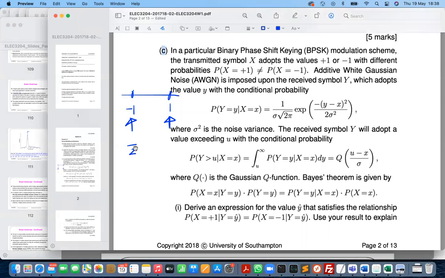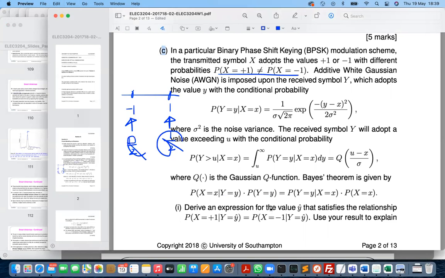They are half chance of transmitting 1 and transmitting -1. However, this question requires that the probability is not the same, and we do not know the probability. So what we need to do is rely on Bayes' law to tell us the probability change.